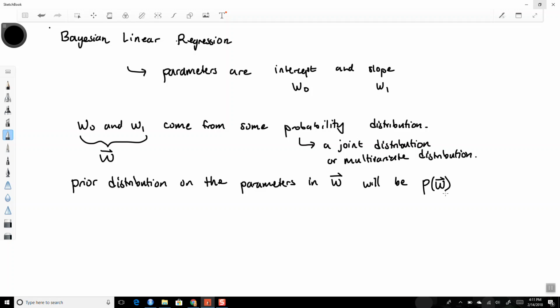The distribution that has nice properties, which we will call the conjugate prior distribution for linear regression, is going to be the multivariate normal or multivariate Gaussian distribution. Okay, so P(W) could technically be any distribution, really, but we will use the conjugate prior because of its nice properties.